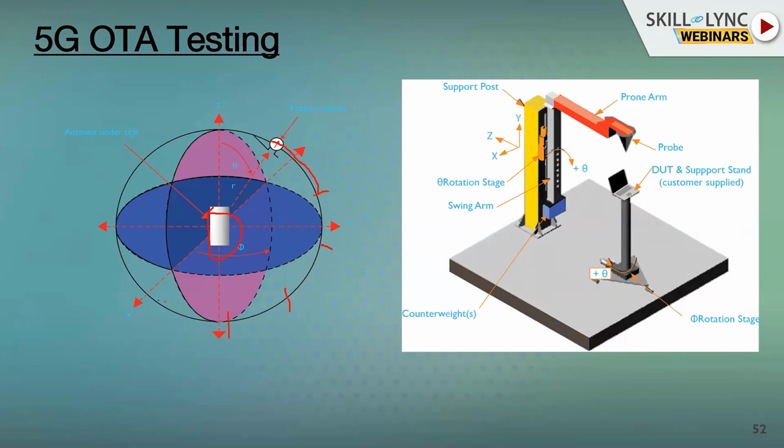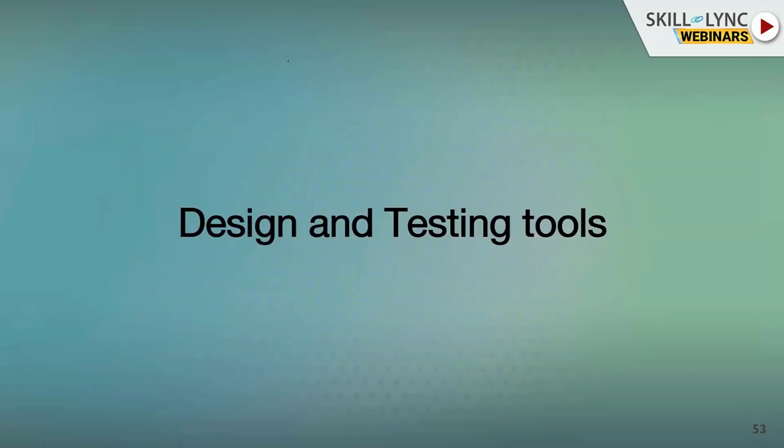In order to capture the direction of the beam, for example, if you want to test MIMO diversity or MIMO performance and multi-user MIMO, and which direction the beam is coming out, those parameters we can measure with the help of over-the-air testing.